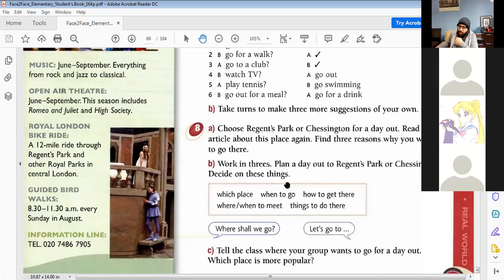That's actually true, because first of all, the birds go to sleep early, and it's dark, right? It's hard to see birds at night. There's no point. And actually the guided bird walks are only in the morning, 8:30 to 11:30 a.m. So you have only 3 hours in the morning. If you like birds, you can join the guided bird walks and see some birds, but only in the morning, of course.